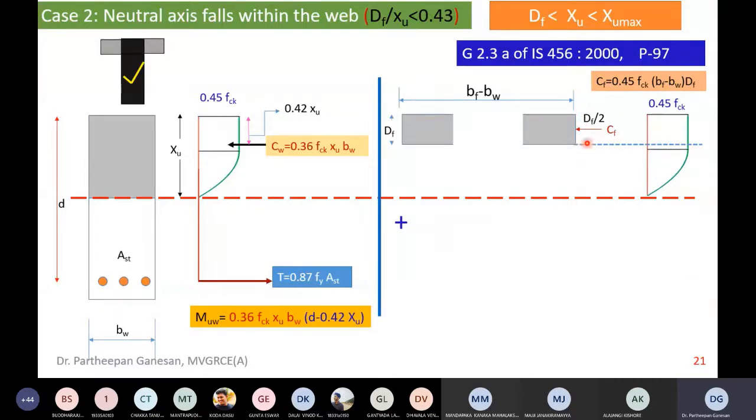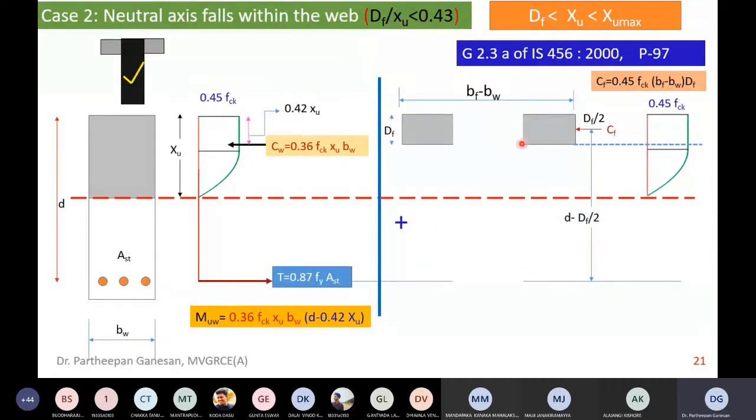Now the distance between this force and the tensile force is the lever arm for CF. D is the effective depth from here to here, and this is Df by 2, so the difference is D minus Df by 2. So the lever arm for CF is D minus Df by 2.